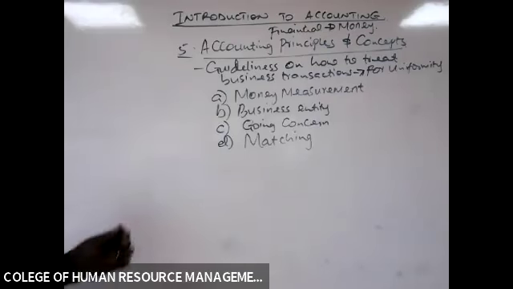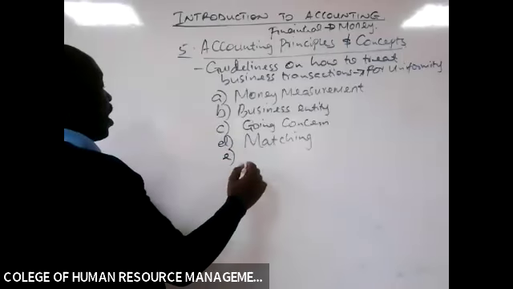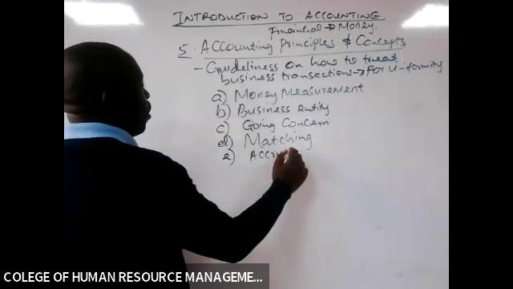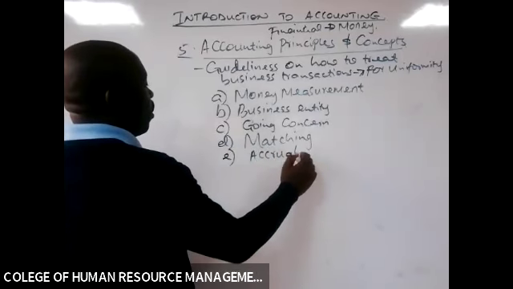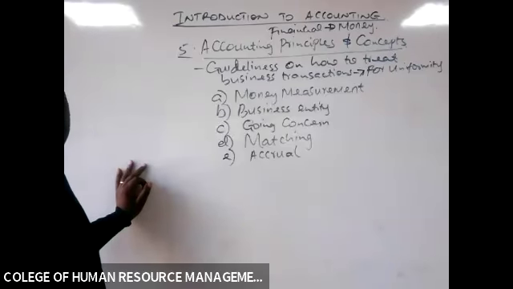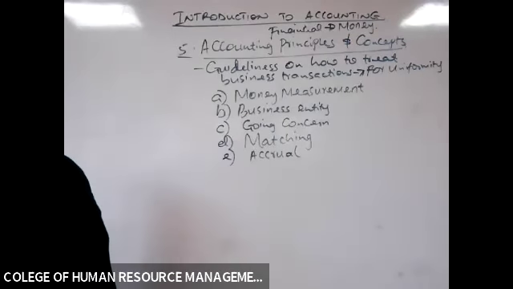After matching, we have a concept we call the accrual concept. Under the going concern, we have said that the business is assumed to operate for a long period of time.